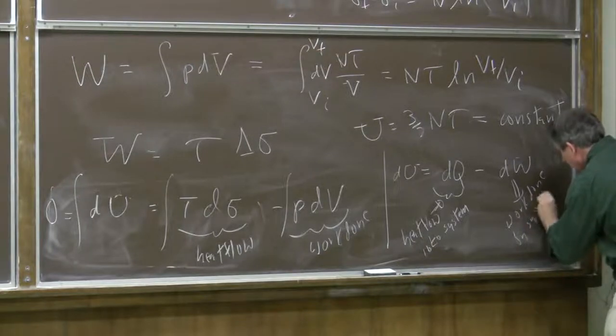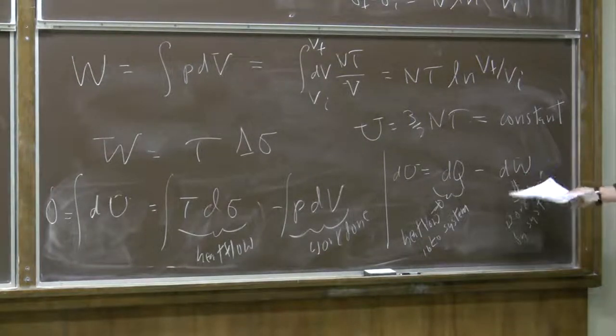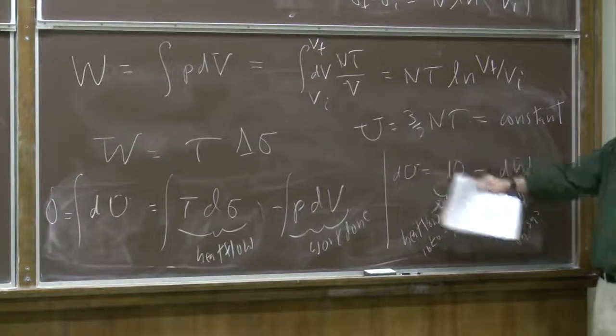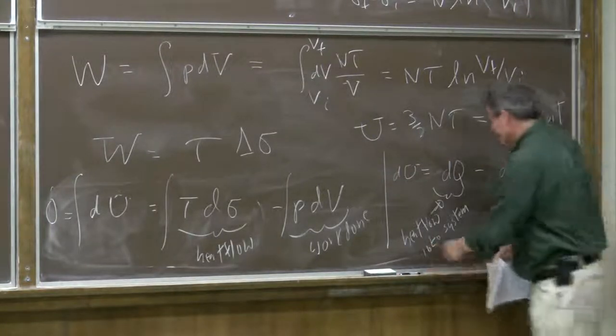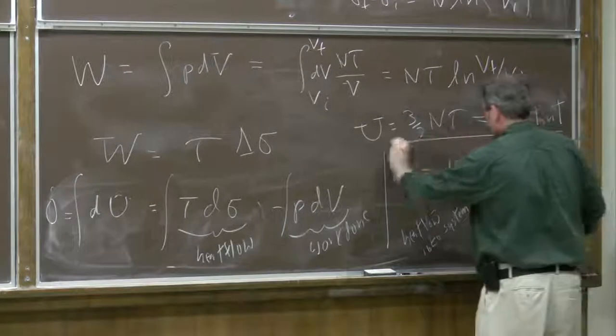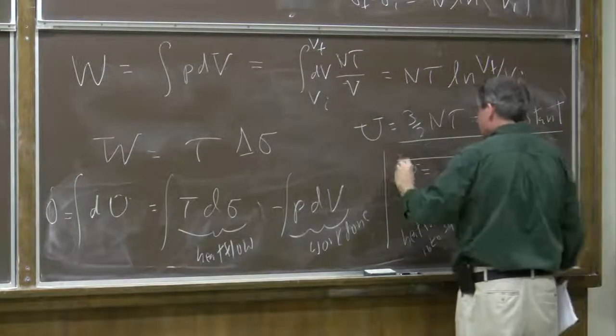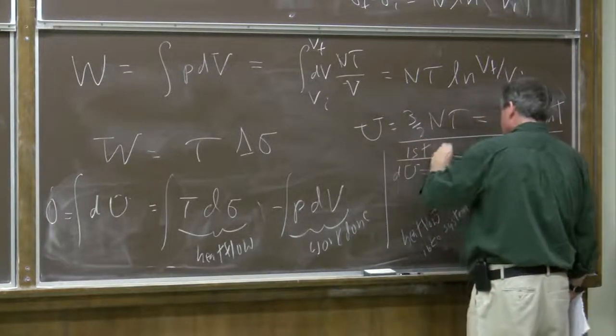The work done by the system can deplete its internal energy. That's why there's a minus sign in front of the dW. But it's just conservation of energy. Change in energy of the system is the heat flow in minus the work the system does. And it's also dignified by the name of the first law of thermodynamics.